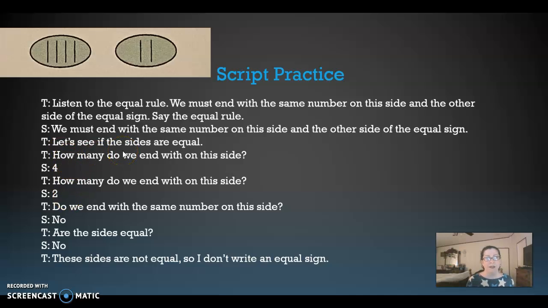How many do we end with on this side? 1, 2, 3, 4. How many do we end up with on this side? 1, 2. Do we end up with the same number on this side? No. Are these sides equal? No. These sides are not equal, so I don't write an equal sign here. They are not equal.